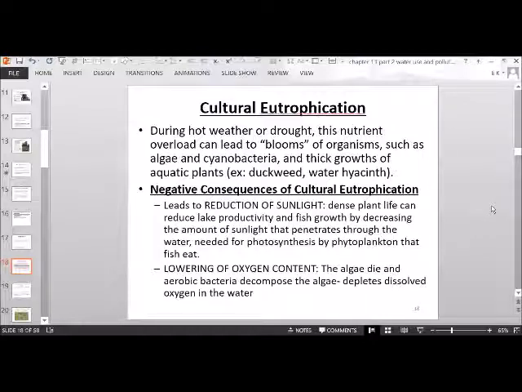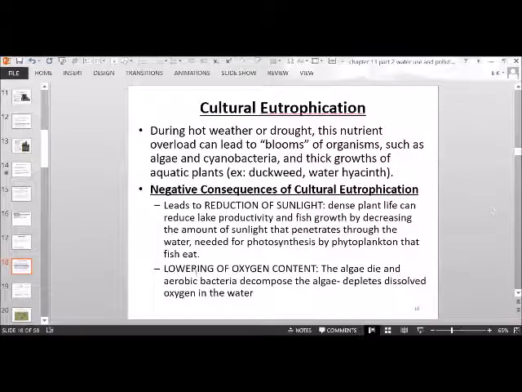And there were negative consequences of cultural eutrophication. For example, it could lead to the reduction of sunlight, and then you would have an issue because the amount of sunlight penetrating into the water needed for photosynthesis by phytoplankton that the fish eat is all going to be affected.